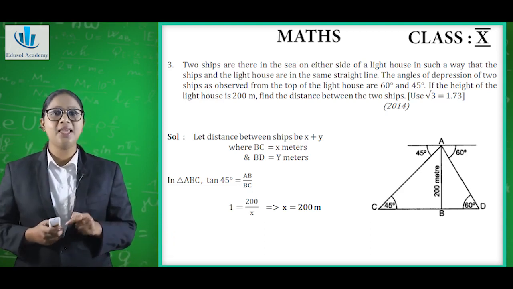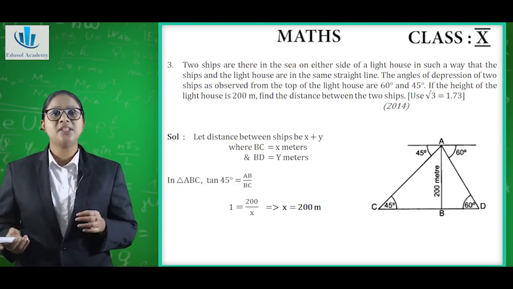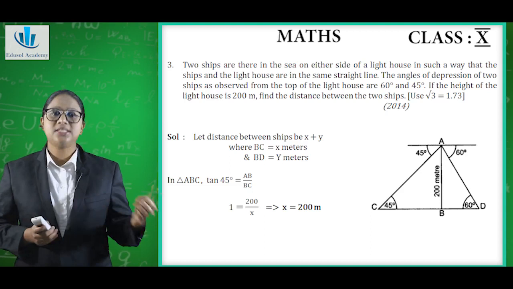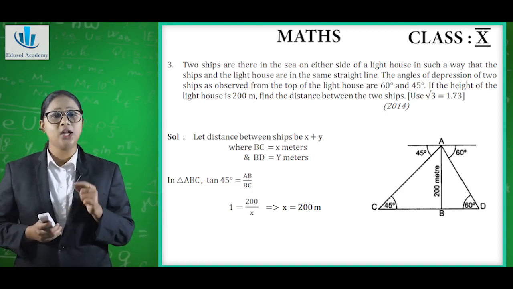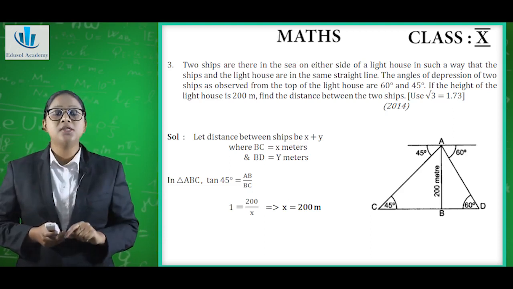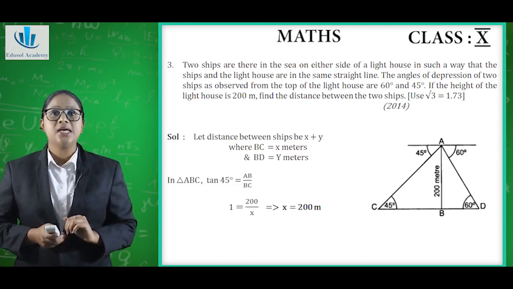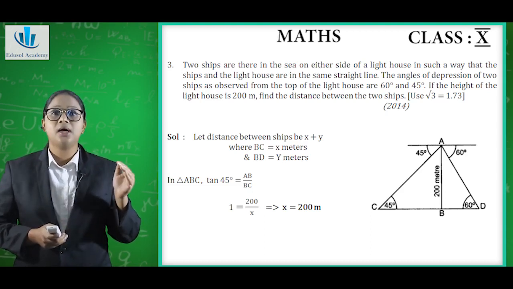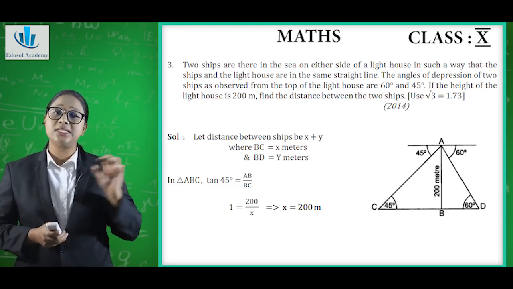So let AB be the lighthouse, and C be the position of one ship and D be the position of the other one. And the angle of depression from A to C is 45 degree. So the angle C inside the triangle will be 45 degree. The angle of depression from A to D is 60 degree.